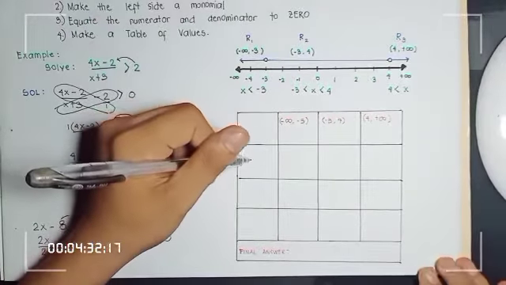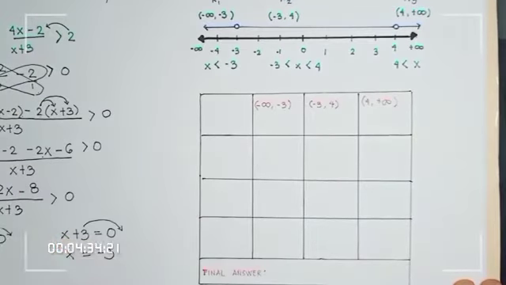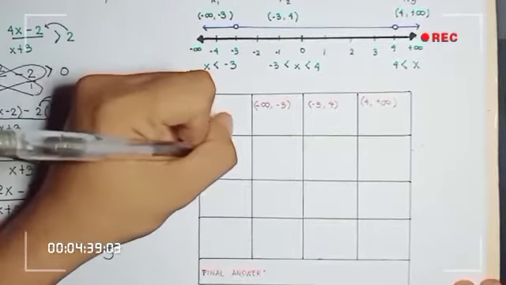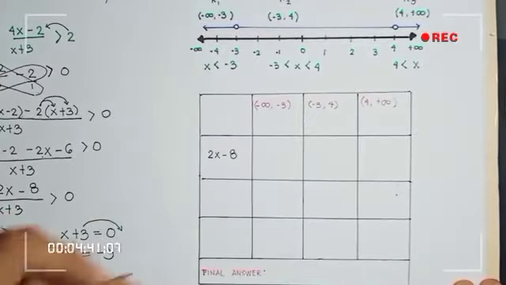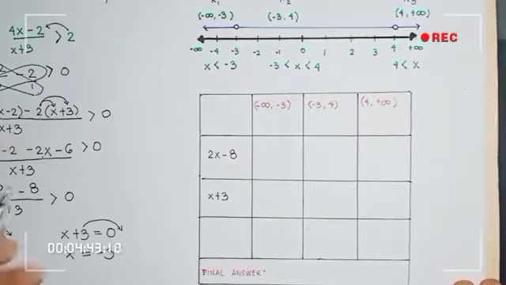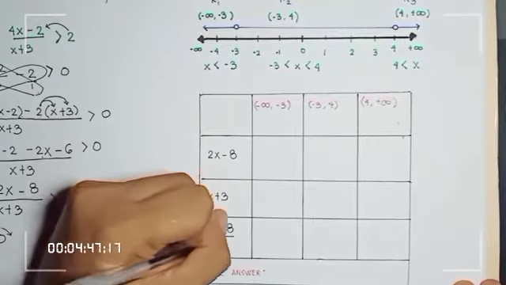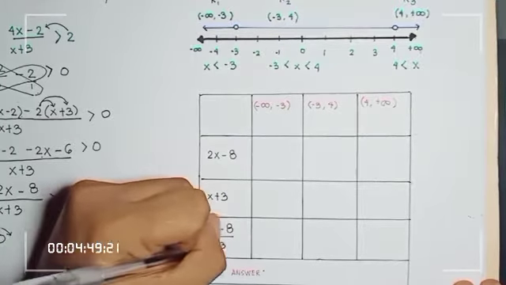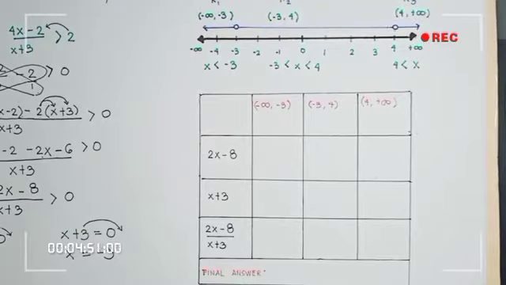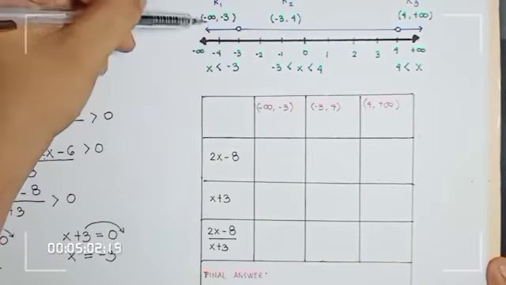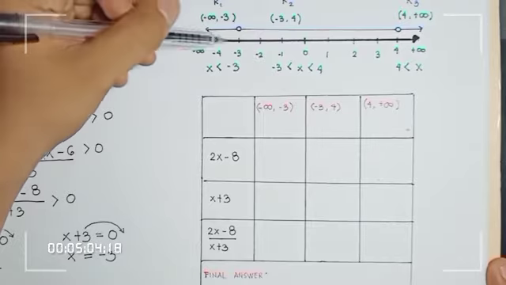For the table of values, we put the regions in the column, and we write the numerator, the denominator, and the term on our left side of the equation. For the regions, we have to make representations. Say, numbers that are less than negative 3.